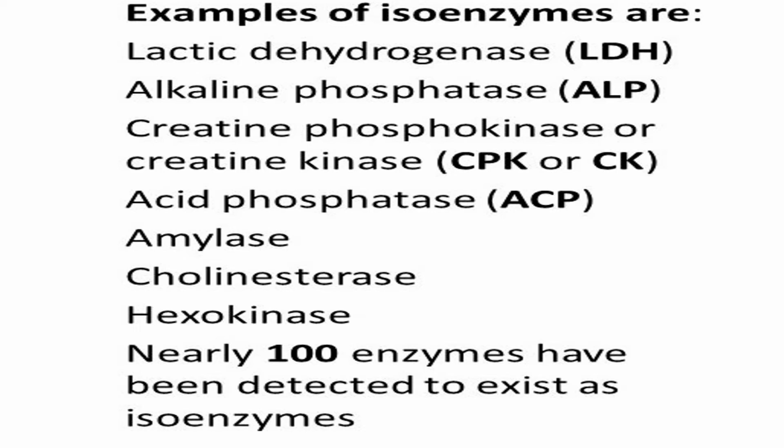And you are very well aware that kinases are a class of enzyme. They belong to the class of transferases and they transfer phosphate to the substrate. Then acid phosphatase, amylase, cholinesterase, hexokinase. Nearly 100 enzymes have been detected so far which exist as isoenzymes.